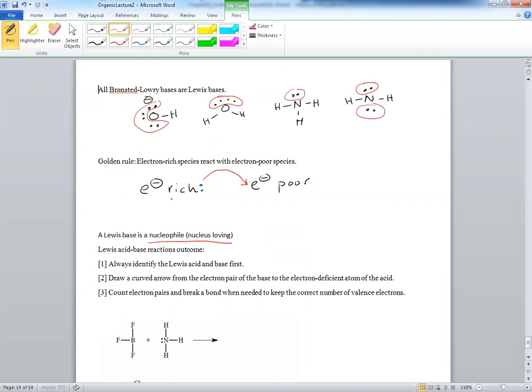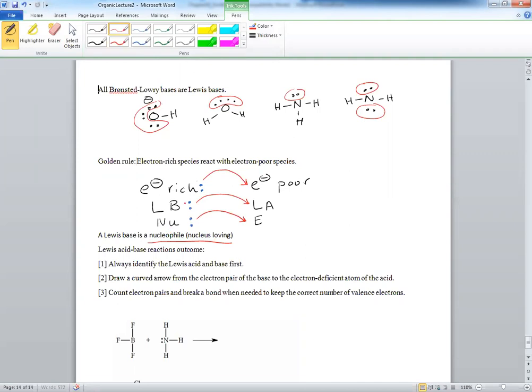So soon you will learn that the Lewis base, here's the Lewis acid. Once again, the Lewis base donates to the Lewis acid, or the nucleophile. We use this one, and the electrophile E. They react this way.